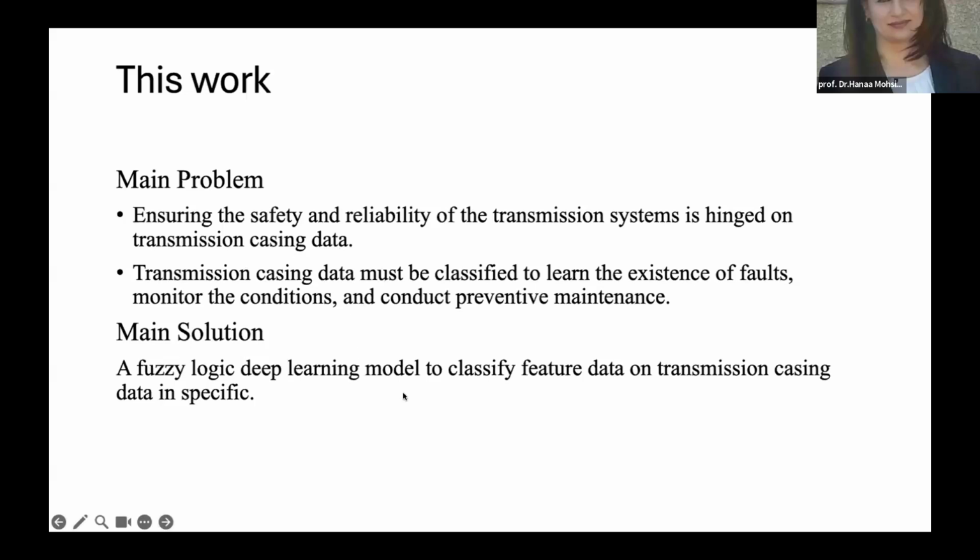Transmission casing data can be classified to learn the existence of fluid, monitor the conditions, and also conduct preventive maintenance. The main solution is our proposal, a fuzzy logic deep learning model to classify feature vector data of transmission casing data in specific.